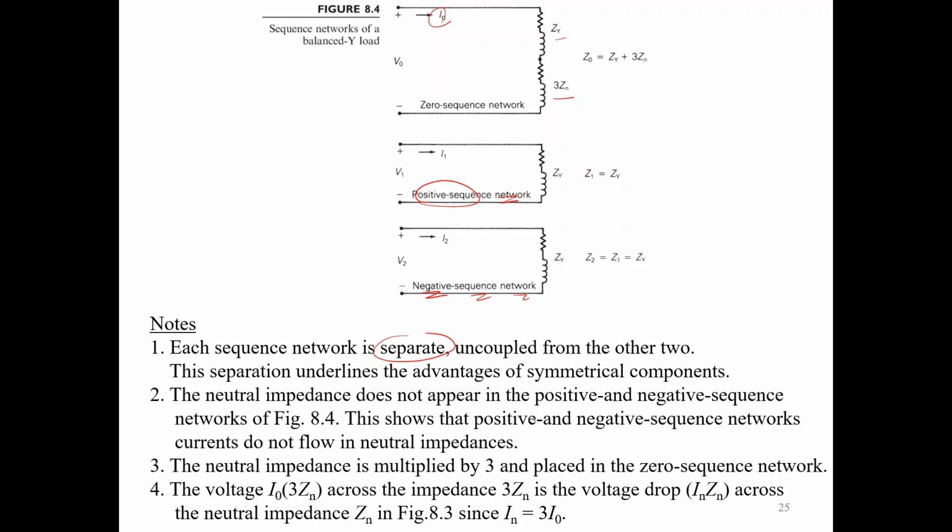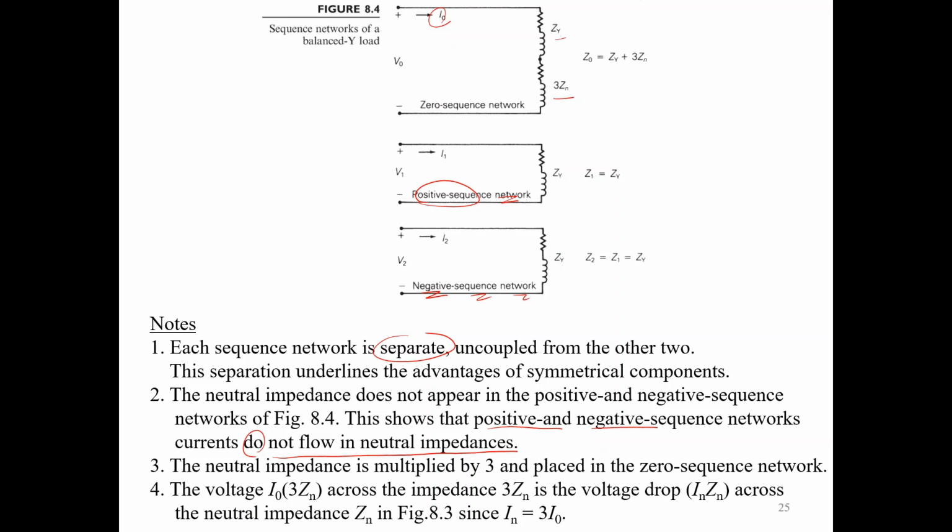This is important. So we don't have neutral impedance in the positive or negative sequence. The neutral impedance itself appears multiplied by three.